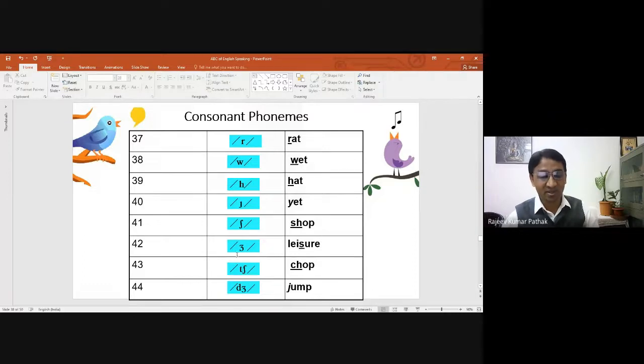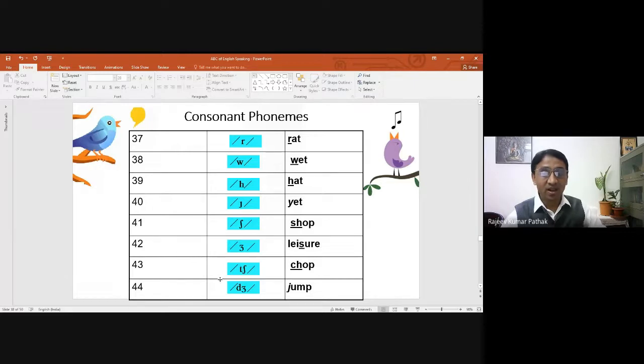Then number 43 is cha. Number 43, the cha sound, is when ta and shaw are merged together, written like that. Cha as in chop, chest. And number 44 is ja, as in jump, jest, or something like that.